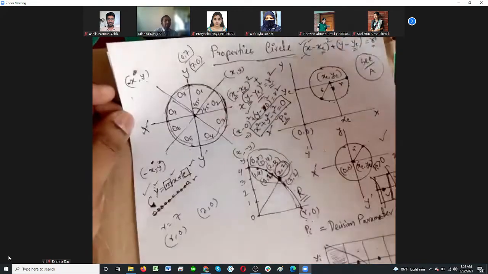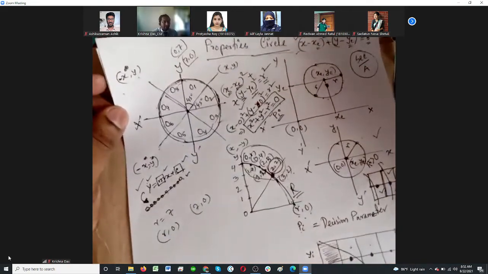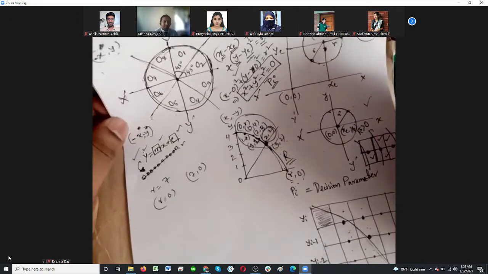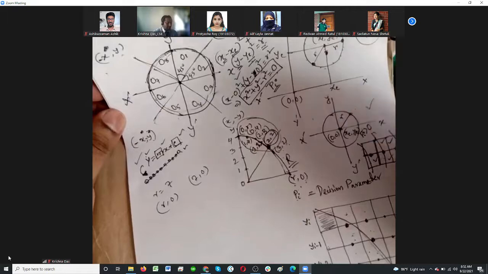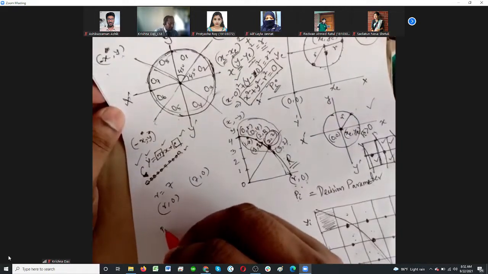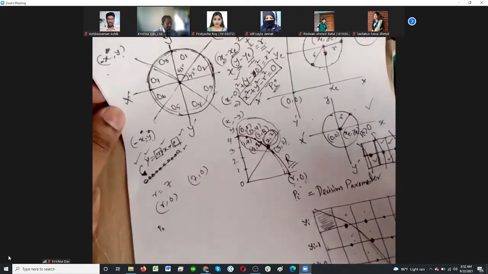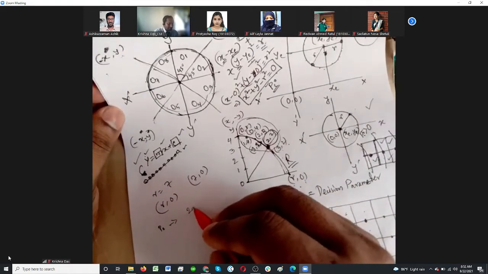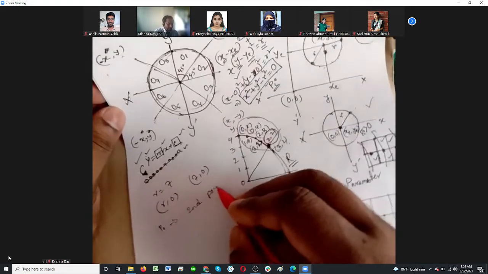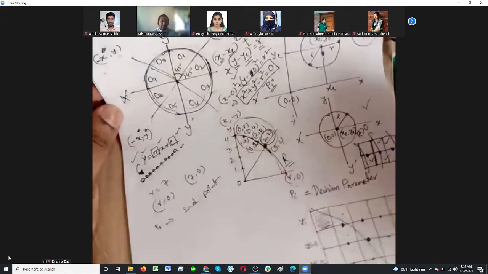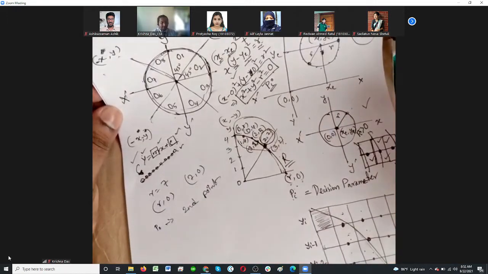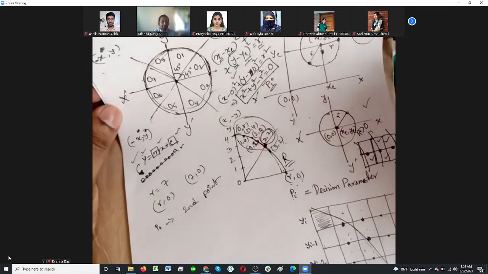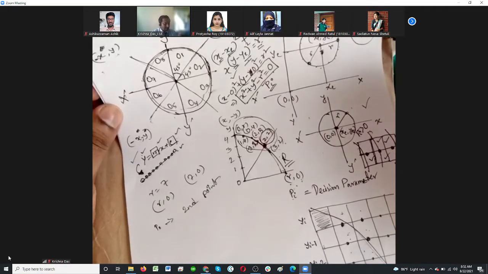Now how can I identify this next point? We definitely need to come with the decision parameter, and to start with, we need a decision parameter which is p naught. Then with p naught I will get my second point. Many students made a mistake here with the decision parameter. I found, like in section C maybe, that they made a mistake in the Bresenham. Which mistake?